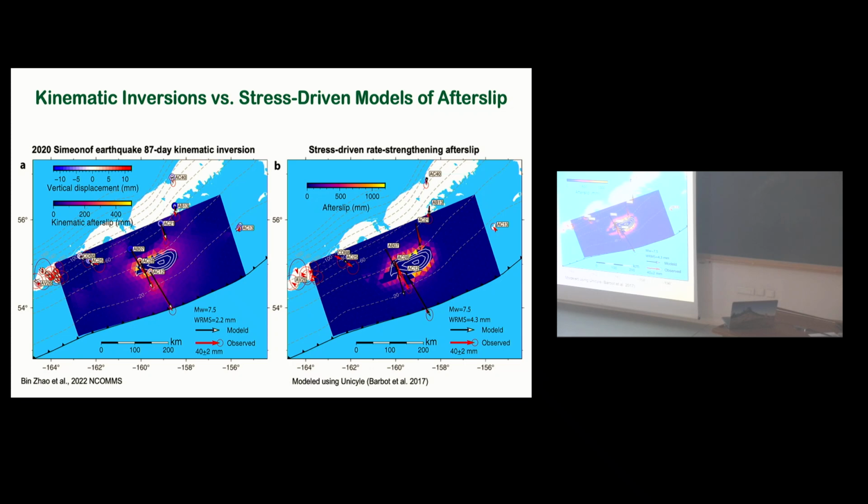So for these recent earthquakes, given that we have continuous GPS stations in the area, we can also model the afterslip, right? And so what you see here are two ways of modeling the afterslip. One is kinematic, so we're just solving for the distribution of creep, and this is just for the first 90-day period.